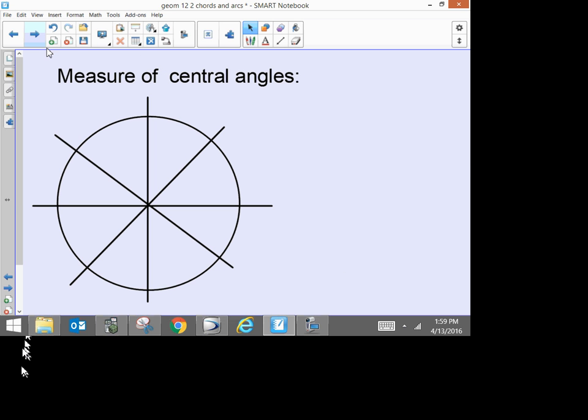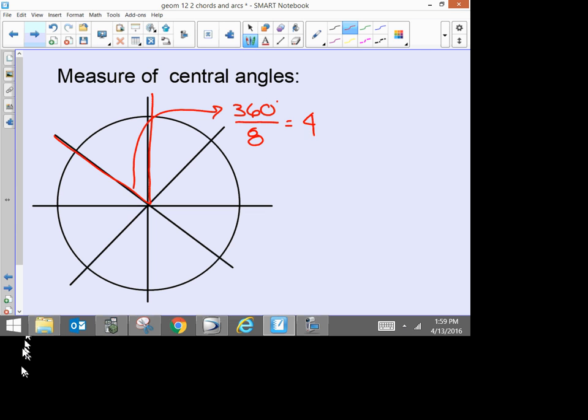Here we go. Okay, let's look, assuming that this circle is divided equally. What do we got? 1, 2, 3, 4, 5, 6, 7, 8 parts. How would we find the measure of, say, this central angle? 360, because that's all the way around the circle, divided by 8. And what is that? That's 45 degrees. Okay? Remember the central angle, if that's 45, what else do you know?